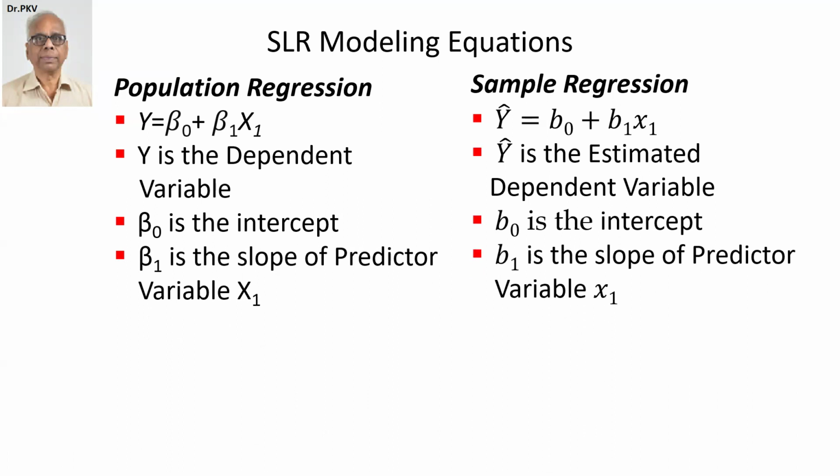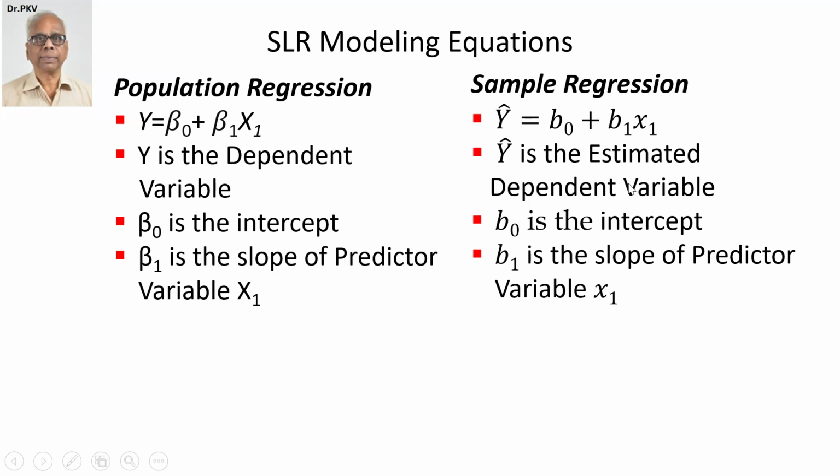Here in the sample, I'm using small x1, capital X1 in the population, just to say that I have observed a data set, the data set that I'm observing, to build a model that will capture to what extent the population regression model, which is postulated, holds. Therefore, I'm using a small x1, which means it is the data set value of the predictor variable.